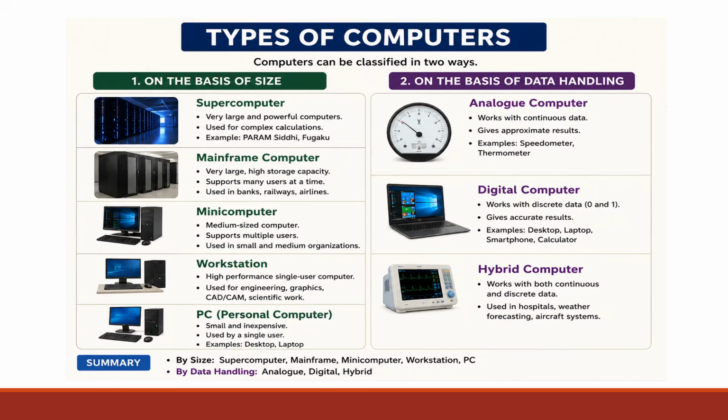These are the numbers 0 and 1. And these machines will give accurate results. Analog computers provide approximate results, but digital computers provide accurate results. For example, desktop, laptop, smartphone, and calculator. These are examples of digital computers.